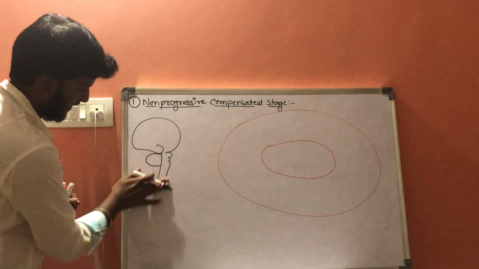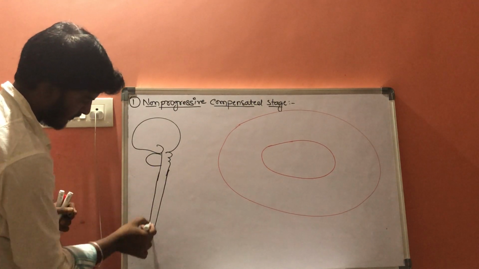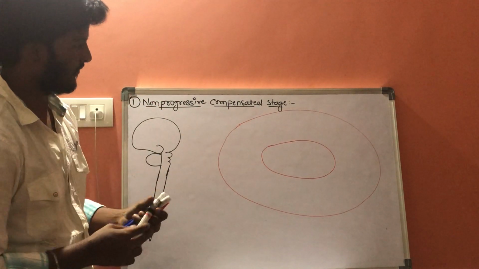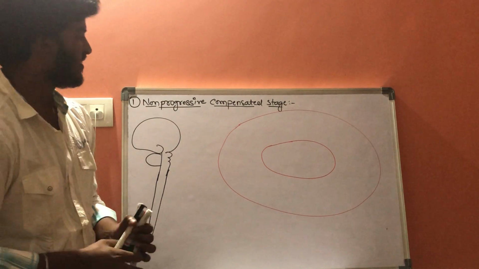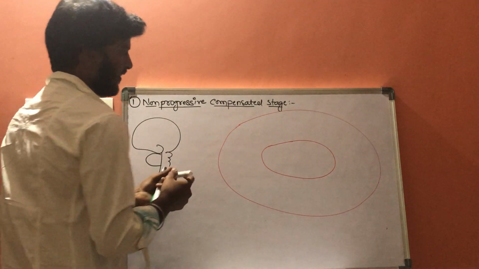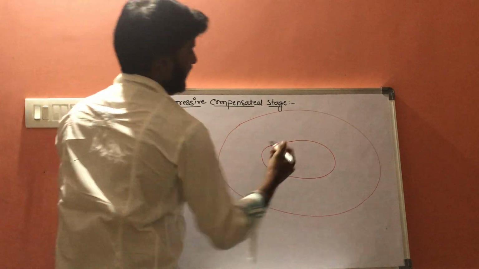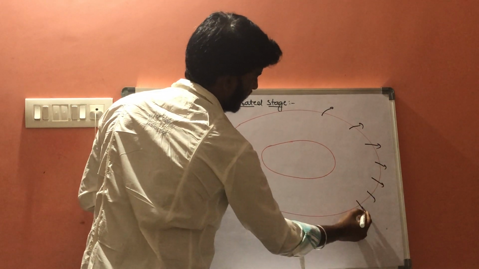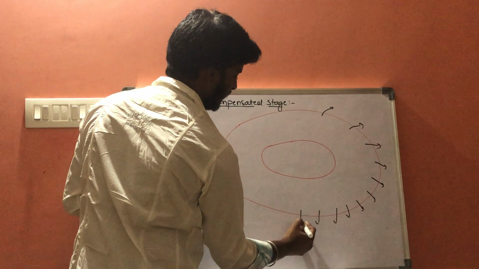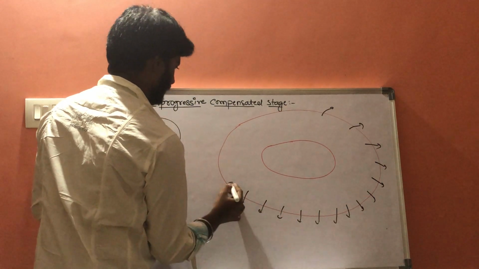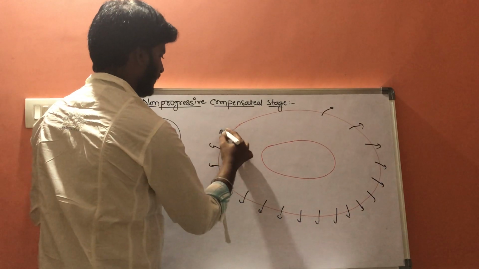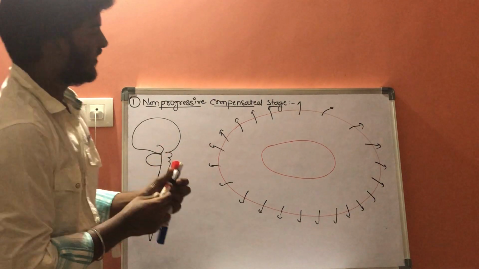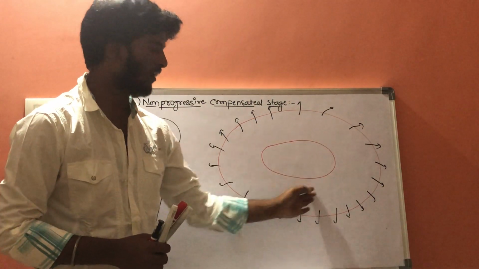Let us draw a little bigger. This is his central nervous system and this is his cardiovascular system. Now, as the person is suffering from bleeding, blood will be moving out from the circulatory system because of the bleeding process.